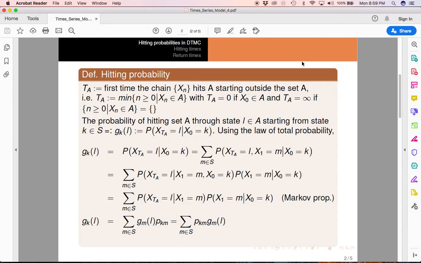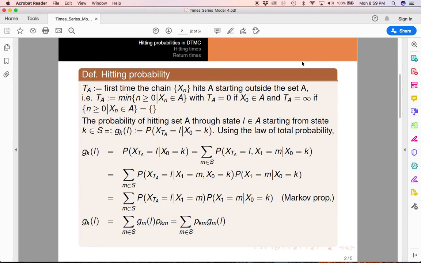So G sub K of L, as defined in terms of the probability, is P of X sub T sub A equals L given X naught equal to K. But that could happen through many disjoint ways, and we need to add up the probabilities of each of these disjoint ways, right?